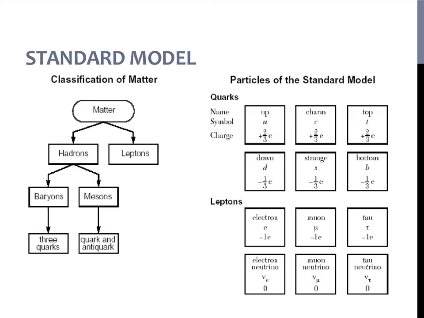Okay? So, as an example, to prove that a proton is made up of 3 quarks, 2 ups and 1 down, I'll show you right here. So you need to combine 2 ups and 1 down.